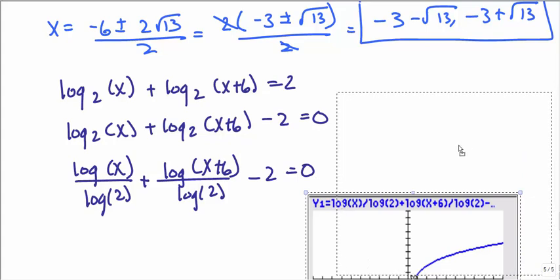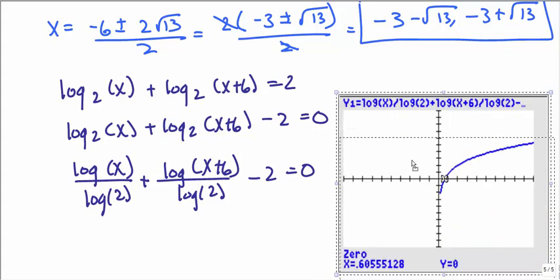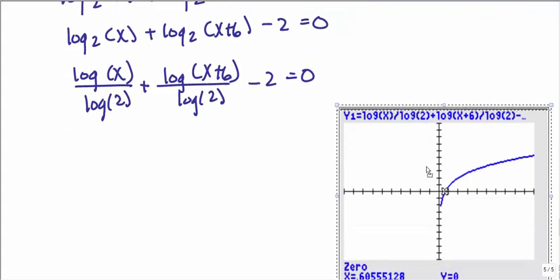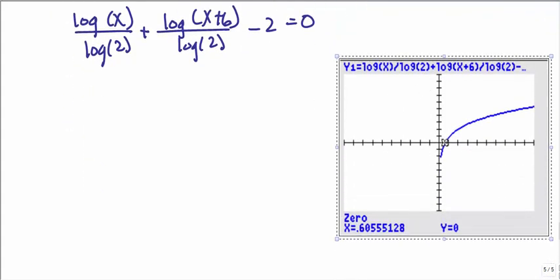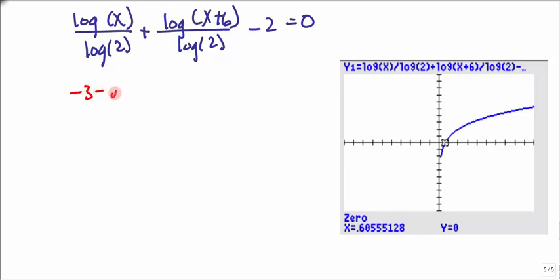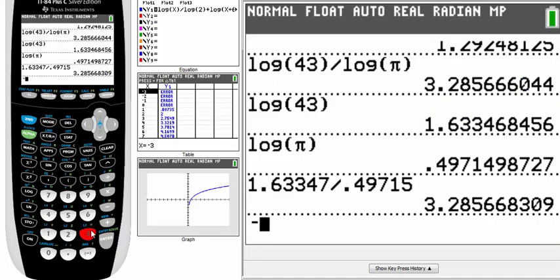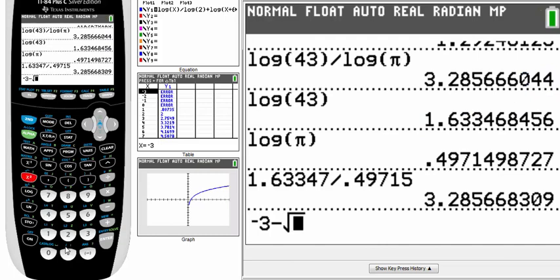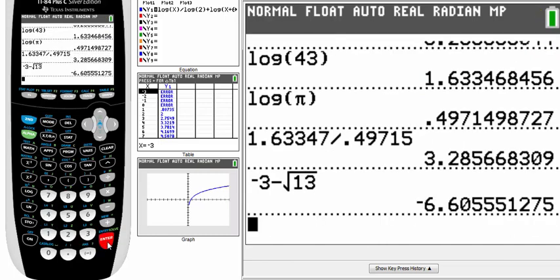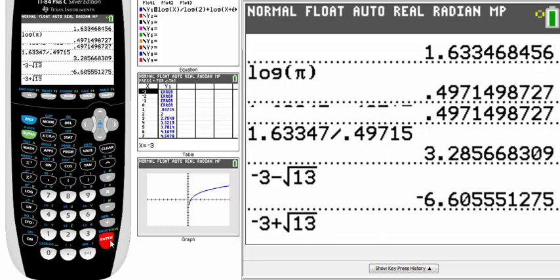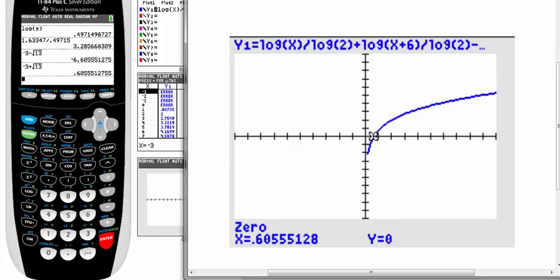So let's do -3 minus the square root of 13, and -3 plus the square root of 13. Let's pull both of those in. Now one of those looks kind of familiar.